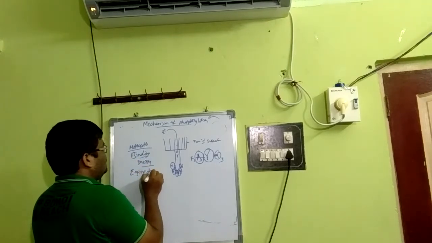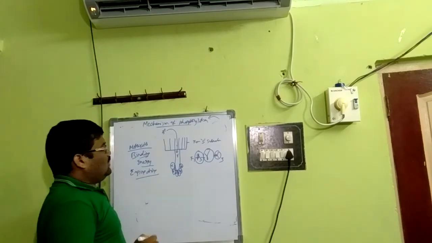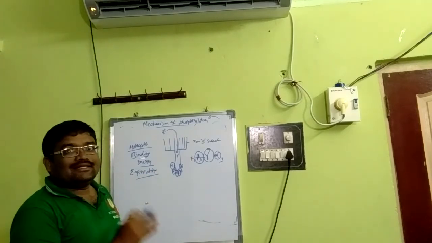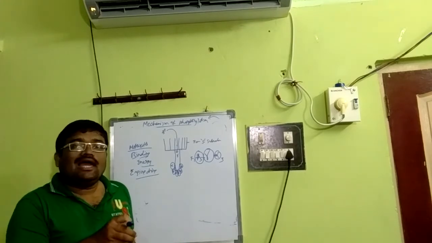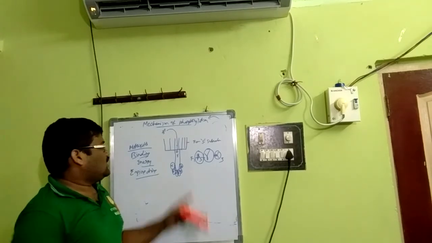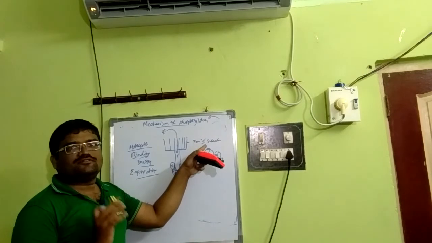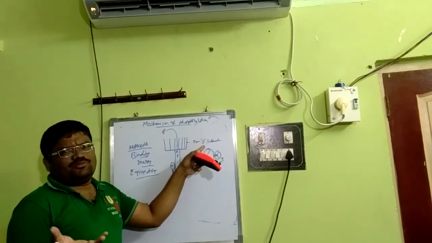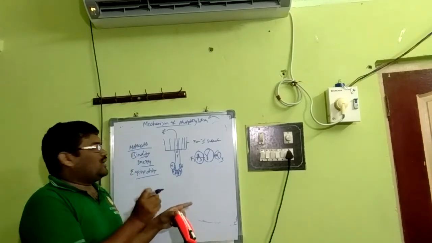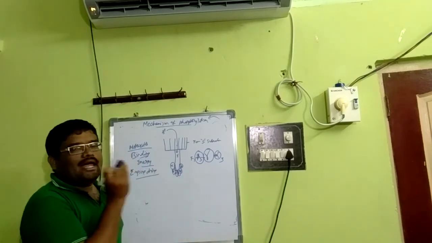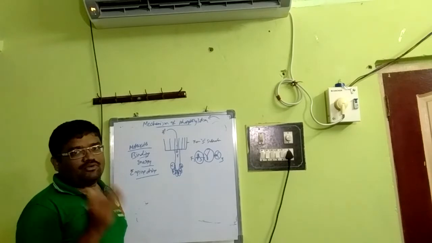How does it work? I told you already. This is very important because ATP synthase of complex 5 consists of two components. The F0 component consists of C subunits, which are protein subunits, and F1 consists of a gamma, which is a long protein, surrounded by alpha 3 and beta 3 proteins.